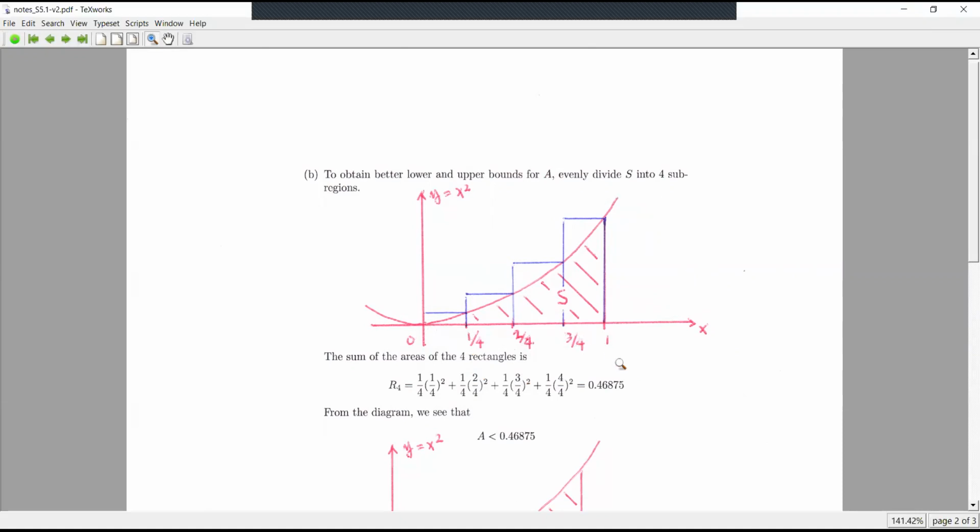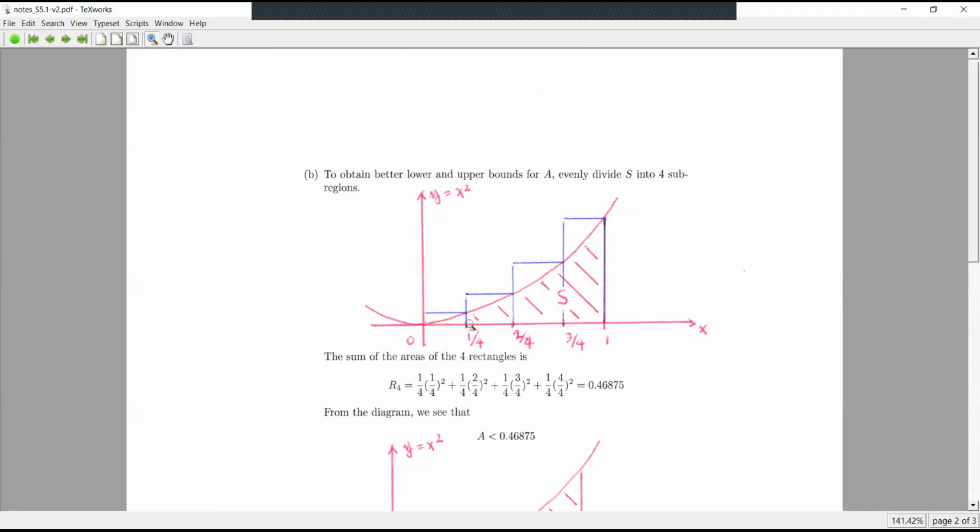Over each subinterval, build 1 rectangle. Over the first subinterval, let me use the function value at the right end point to build a rectangle. Its area is base 1/4, height, function value at 1/4. So this number, base times height, is the area of the first rectangle.